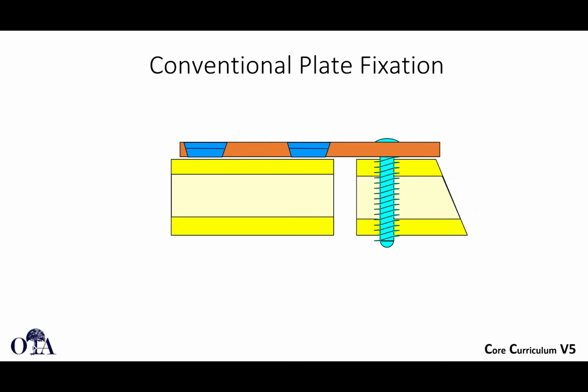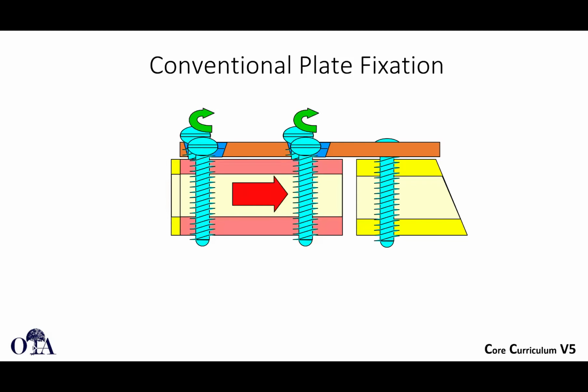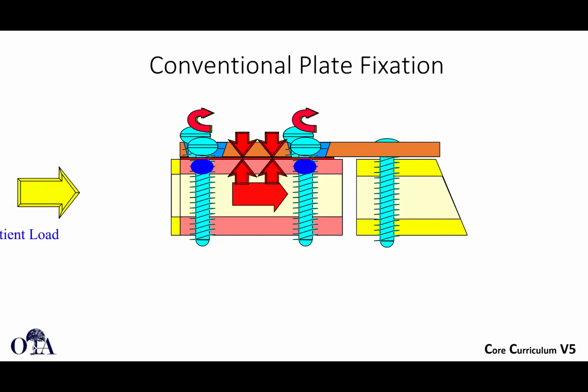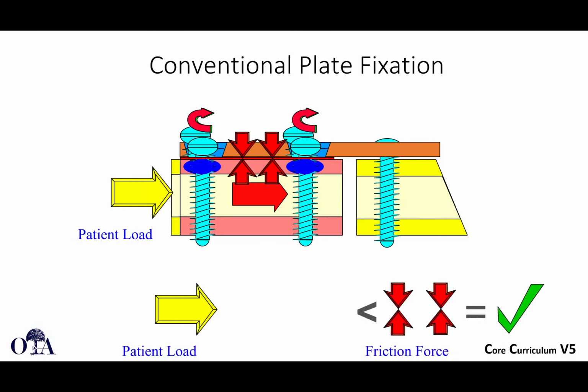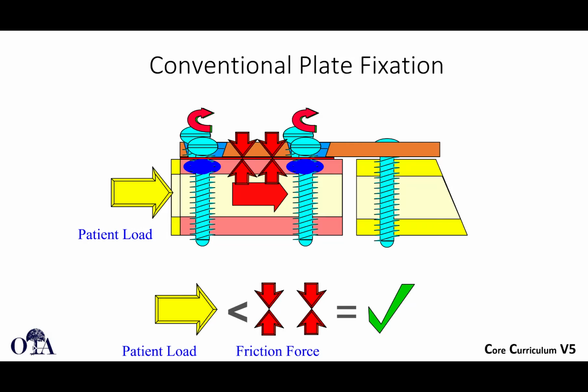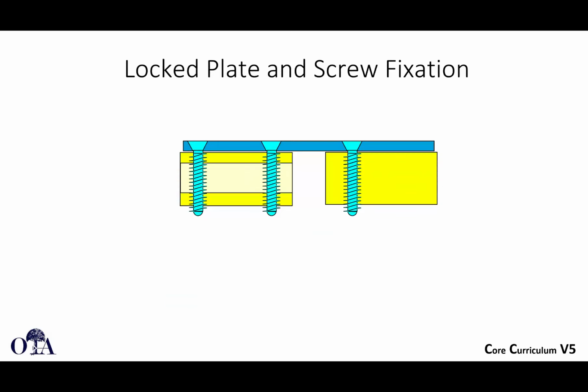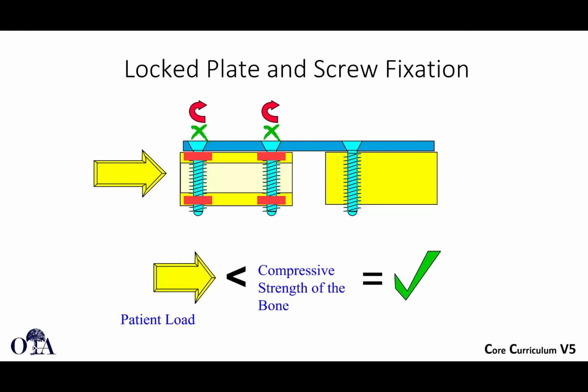So here is an example on the right-hand side of conventional plate fixation. This is demonstrating compression plating. As you put your screws in, the plate is going to come down to the bone. And as the patient loads, you have this friction force. With a locked plate, as you put your screws in, you're relying on the compression strength of the bone.